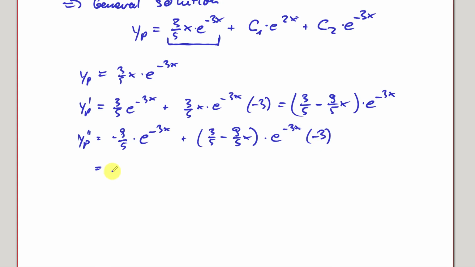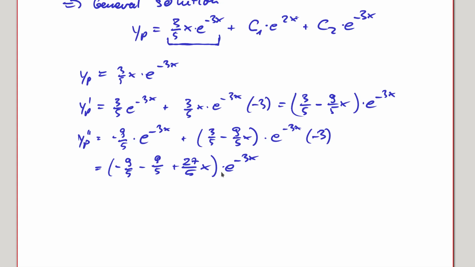And this can be rewritten as minus 18 over 5 plus 27 over 5x times e to the power of minus 3x. So that's the second derivative of our particular solution.